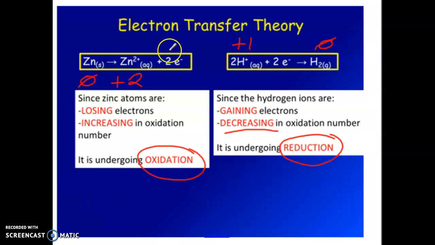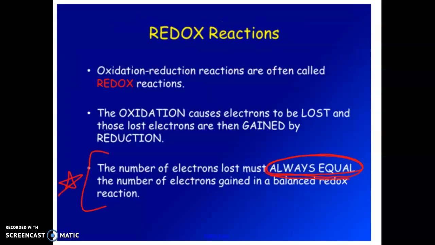So notice here, 2 electrons lost, 2 electrons gained. You might have 17 electrons being lost, 17 electrons have to be gained. Whatever the number is being gained, it must always equal the number being lost. So this will come up in the next lesson when we look at balancing. That's really the key of knowing that you have a properly balanced reaction.